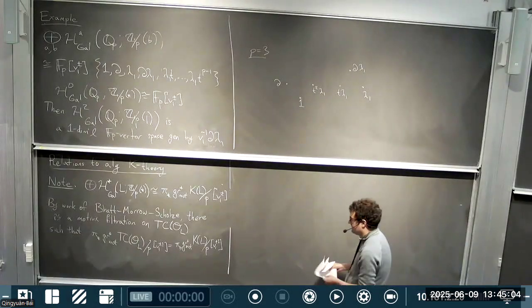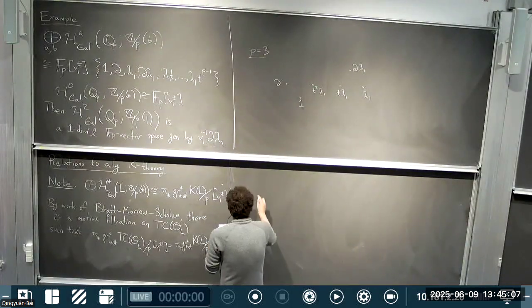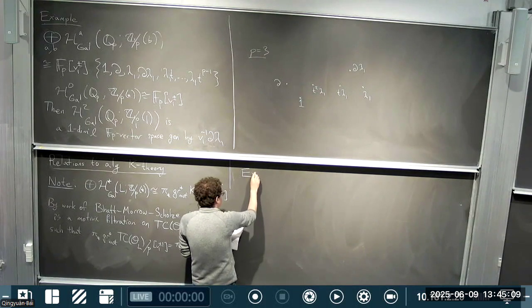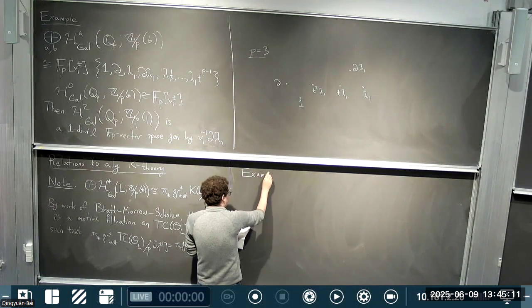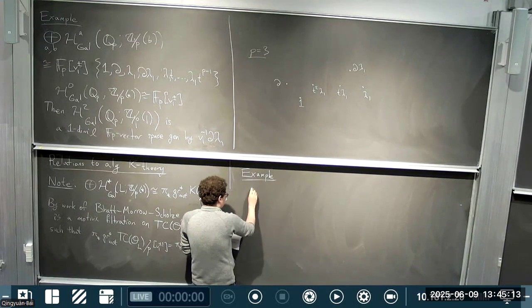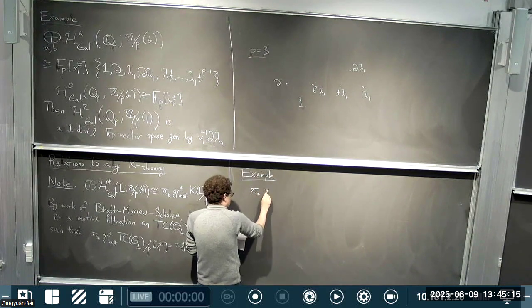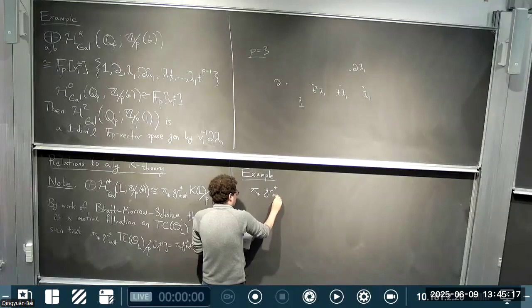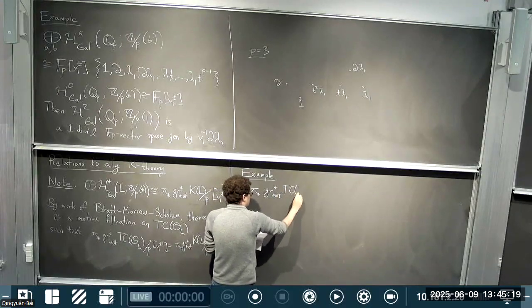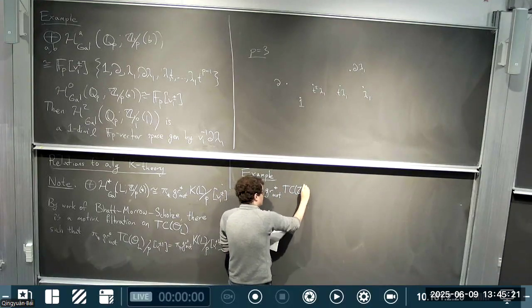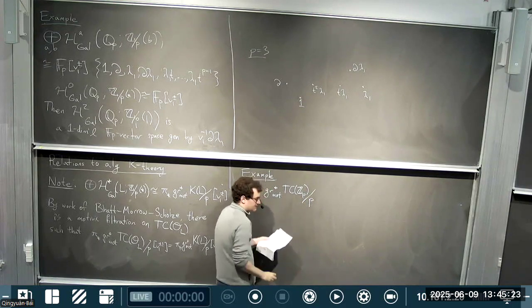Okay, and then I'll look at the example again of Z_p. To look at the motivic filtration on TC of Z_p, you can mod out by p.